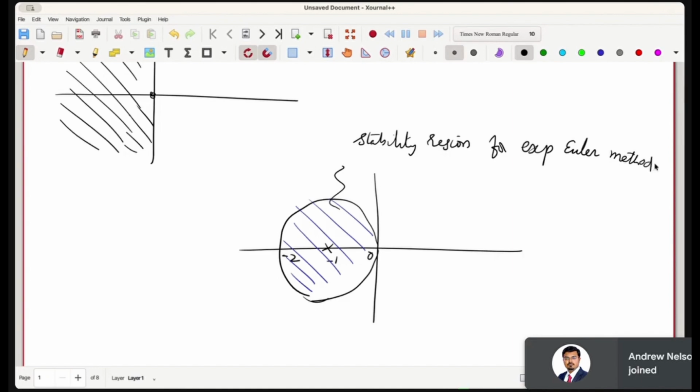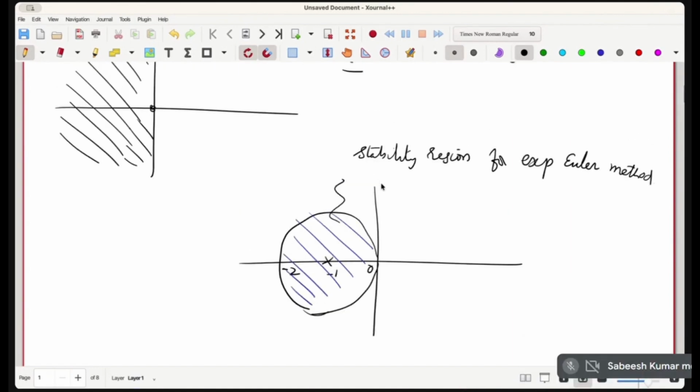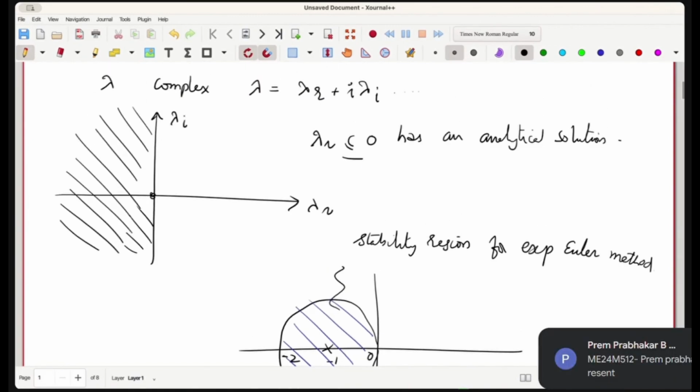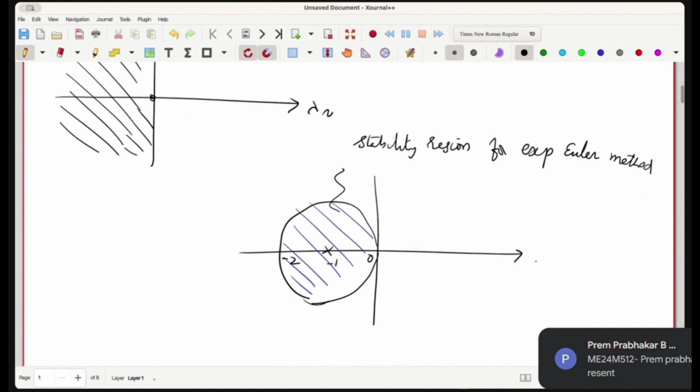Okay, this is the stability region for explicit Euler method, and we have plotted this on lambda real, lambda imaginary, whereas this one we have plotted on lambda real times h, and this is lambda imaginary times h.